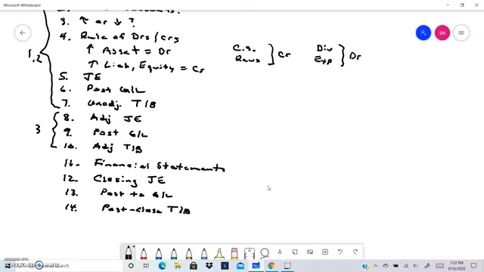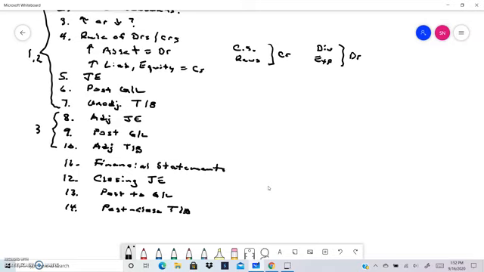So we would do a post-closing trial balance to make sure that our general ledger is in balance, and then we're ready to start over. This could be each month we do this, each quarter, certainly each year, but most companies do this every month. So we're ready to start off the next month.